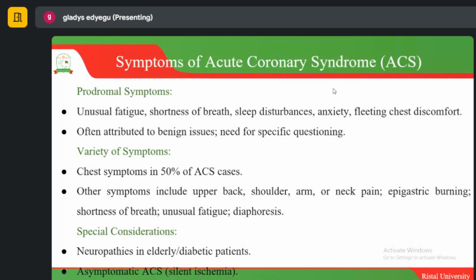So the patient comes with no symptoms of acute coronary syndrome, and that one is a silent ischemia, whereby the patient's coronary arteries are being damaged, but the patient does not feel any impact, maybe any kind of pain. He does not feel any difficulty, but there is something happening in his coronary blood vessels. So we have to also put this into consideration, and that is a very special consideration.